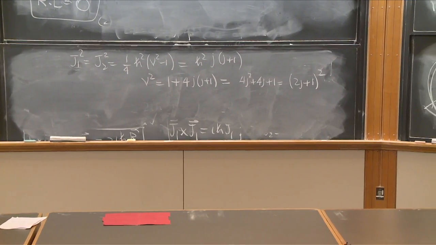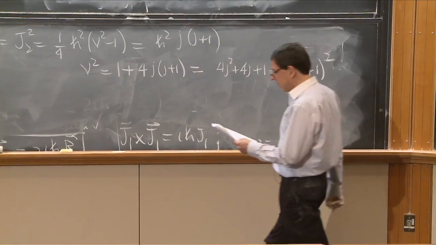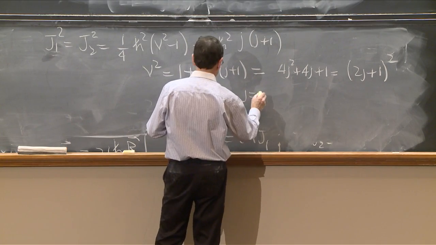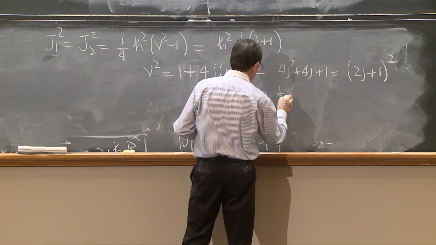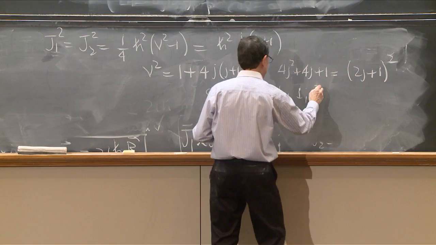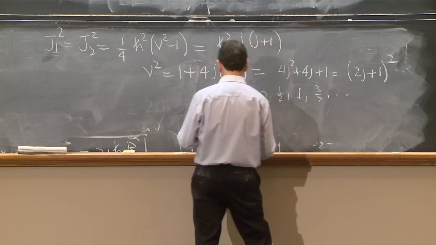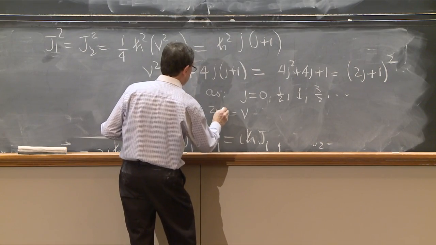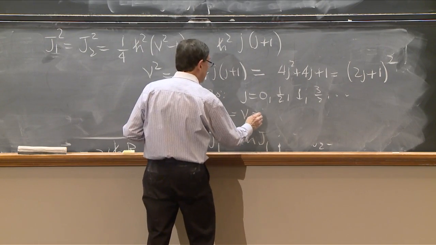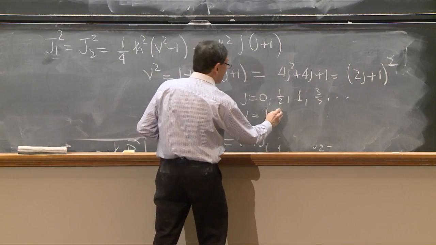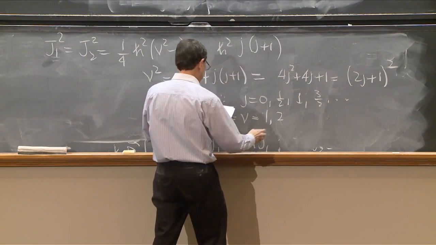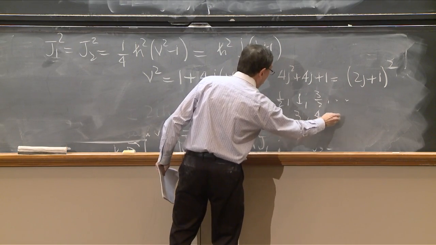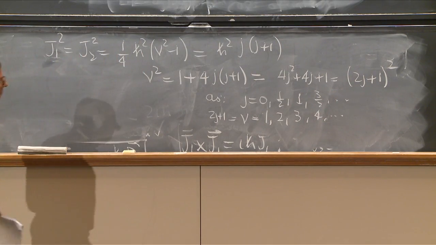That's pretty neat. Why is it so neat? Because as j is equal to 0, 1/2, 1, 3/2, all the possible values of angular momentum, nu, which is 2j plus 1, will be equal to 1, 2, 3, 4, all the integers.